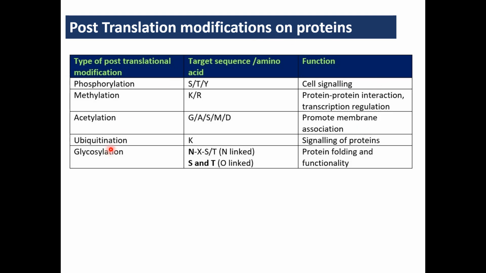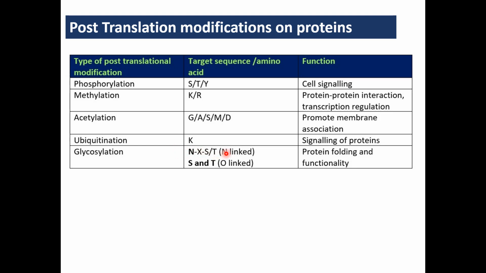Ubiquitination, addition of ubiquitin molecules on proteins, happens on the amino acid lysine, and it helps in the signaling of proteins. Lastly, we have glycosylation, which can be of two kinds, N-linked and O-linked.